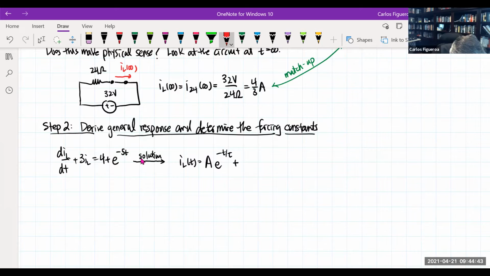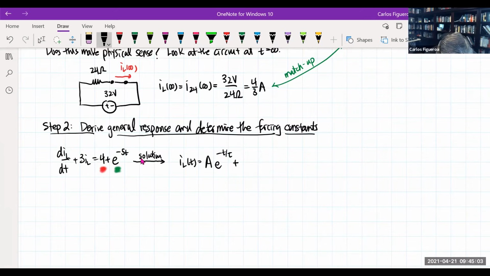This guy is a constant. This guy here is exponential. So by looking at the effective source, my forcing response must be the same functional form as the right side.